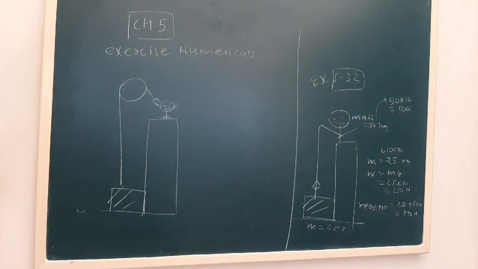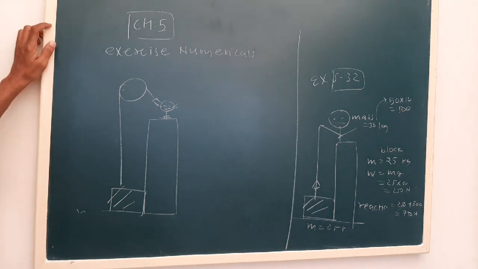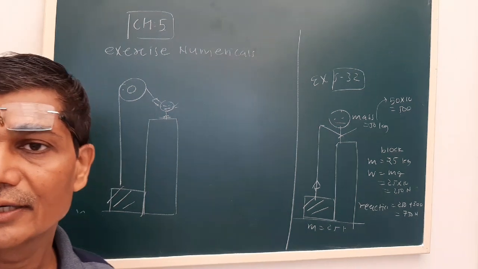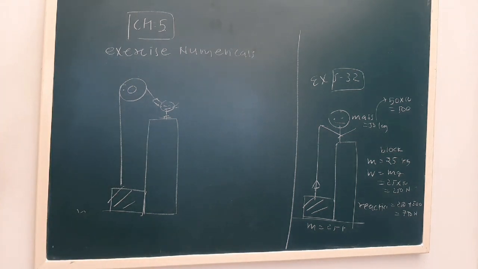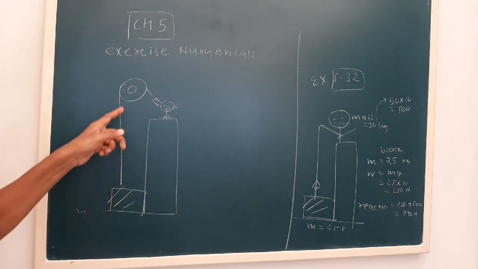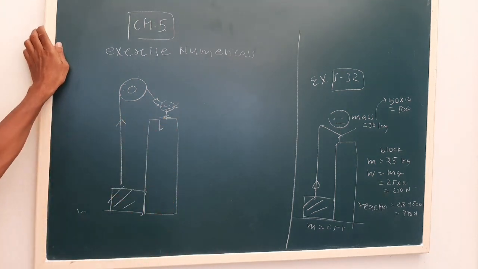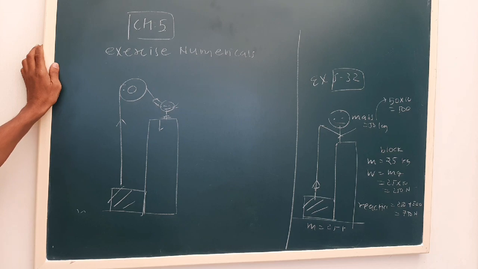Now secondly, when he takes the help of a pulley, all of you have seen pulley, that we have discussed in earlier examples also. When he takes the help of the pulley, the weight and this tension will be in opposite directions.